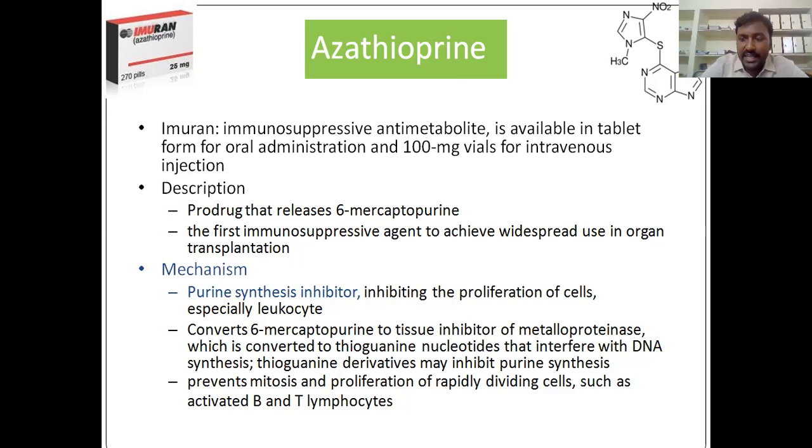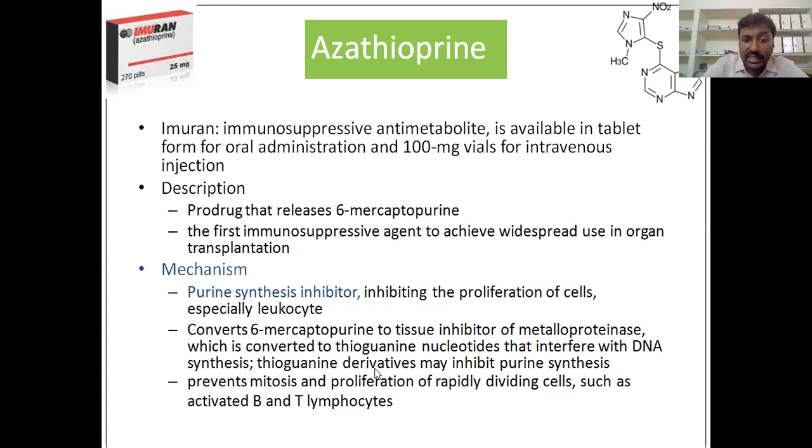We already studied in anti-cancer drugs that 6-mercaptopurine is a purine antagonist, an inhibitor of purine synthesis. 6-mercaptopurine is converted into thioguanine nucleotides that interfere with DNA synthesis.